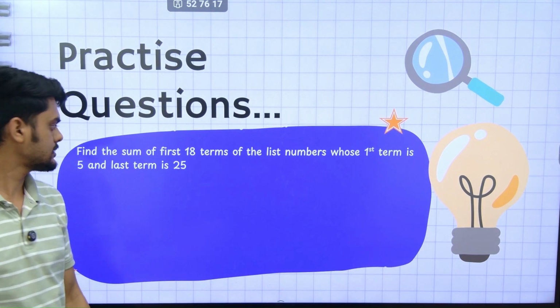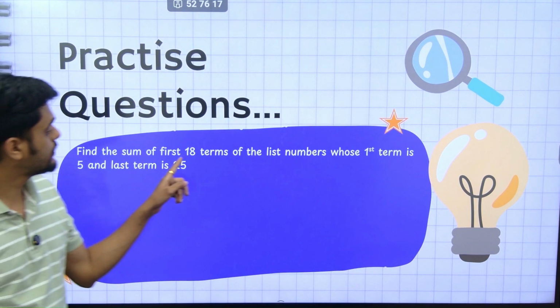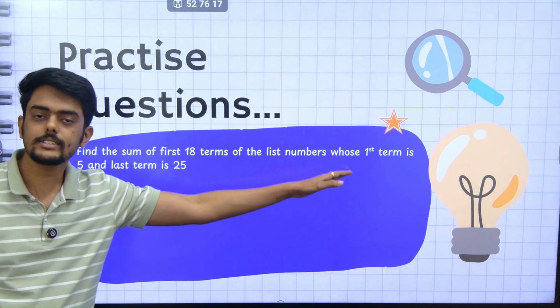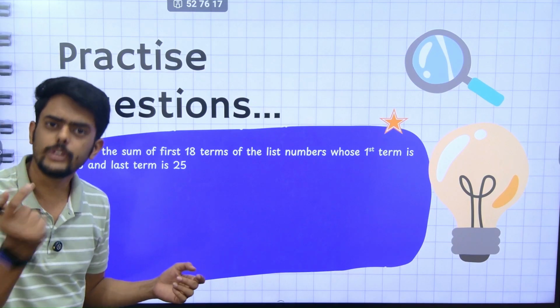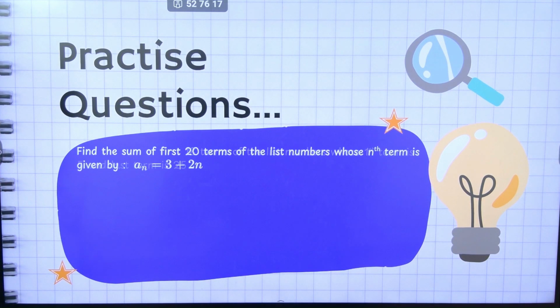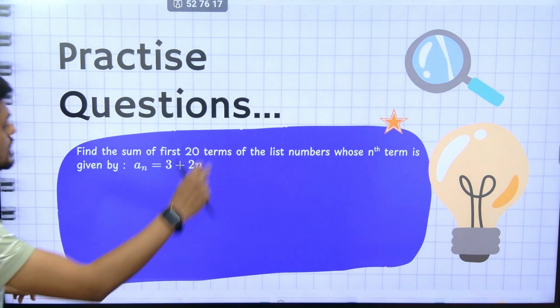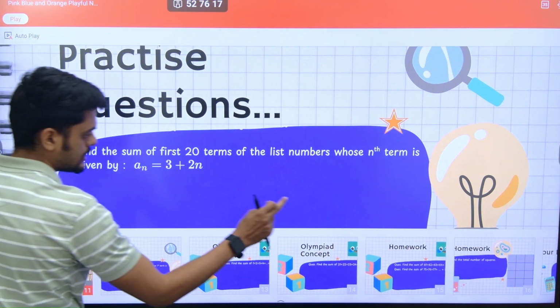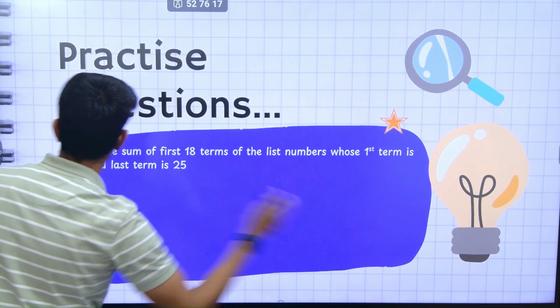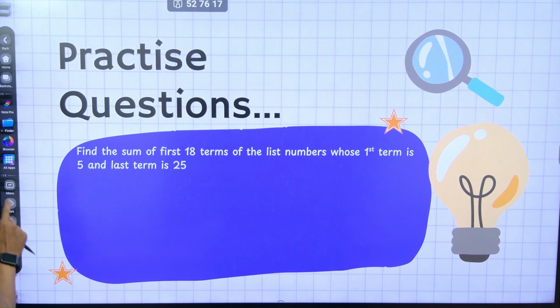So we have another question. It states that find the sum of first 18 terms, where first term is given as 5 and the last term is given as 25. Very quickly we will be able to find the answer. What we need to do, we just need to have the formula with us. Okay, so this is the question.